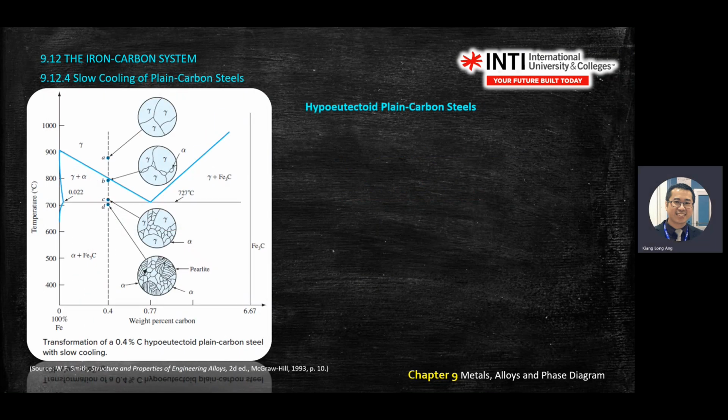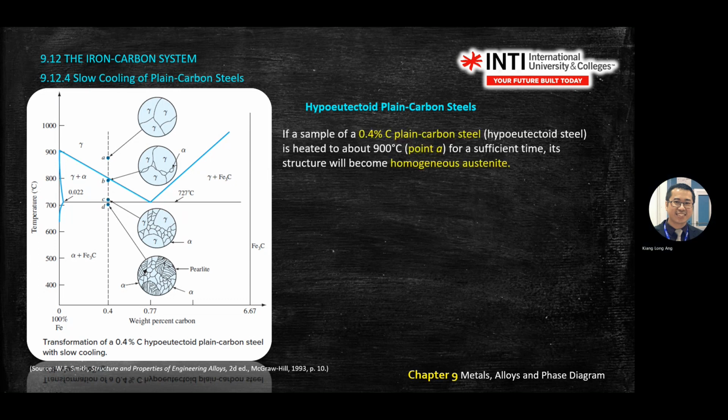Then hypo-eutectoid. Hypo is somewhere on the left; hyper is somewhere to the right. So you see the word hypo is somewhere to the left. If the sample is 0.4% carbon or less, let's say we pick this point here, 0.4%, still hypo-eutectoid. Why hypo?